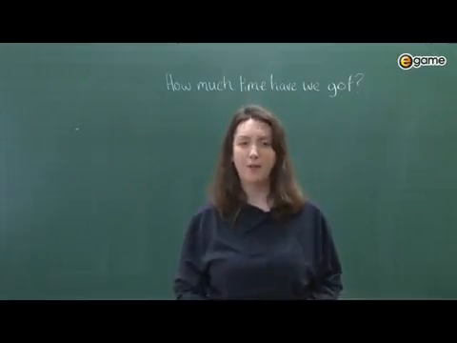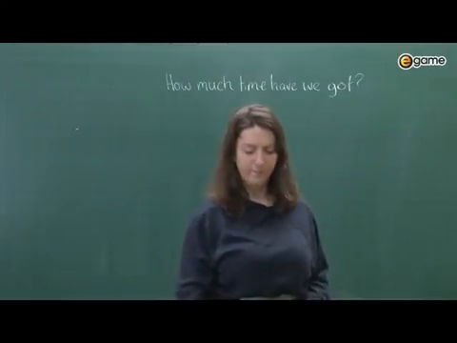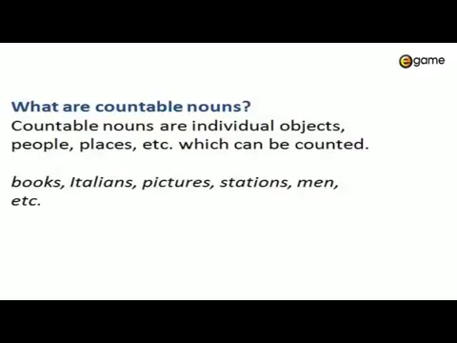Now let's talk about countable and uncountable nouns. So what are countable nouns? They are individual objects such as people, places, and so on, which can be counted.